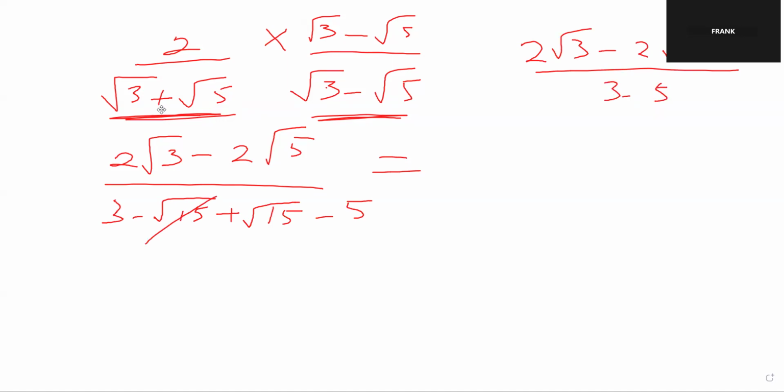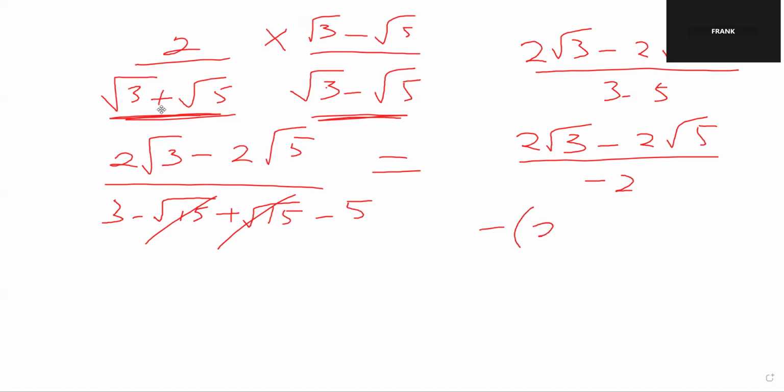The root 15 plus root 15 will go to 0. So 2 root 3 minus 2 root 5 out of negative 2. So negative, don't stay down, I can bring it up. That's negative multiplying 2 root 3 minus 2 root 5, all out of 2. I can factorize 2 out.